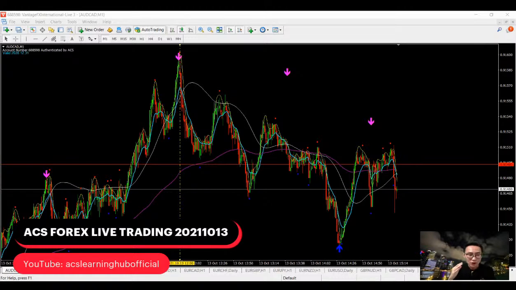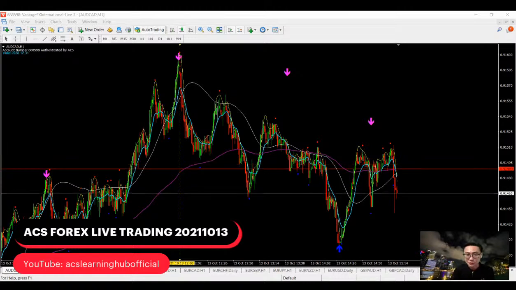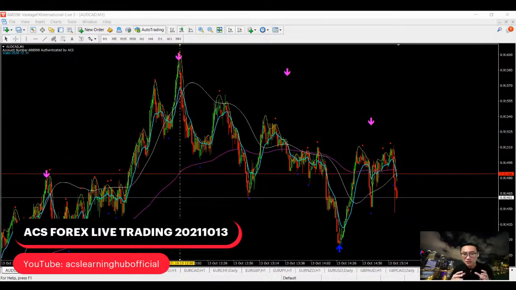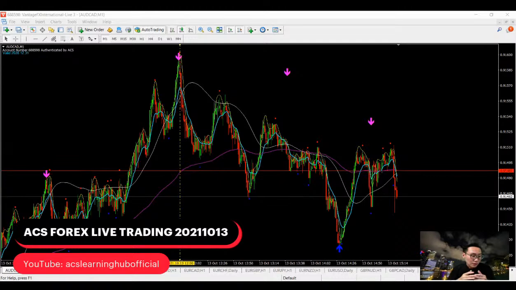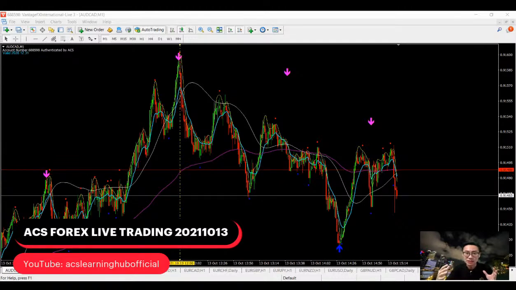If it is time for entry, just enter. Set your TP, set your SL. The moment it hits your TP, that's it. If it hits your SL, that's it as well. You must know how to trade within your system, within your rules, so that it brings out the probability, the percentage of winning streaks.